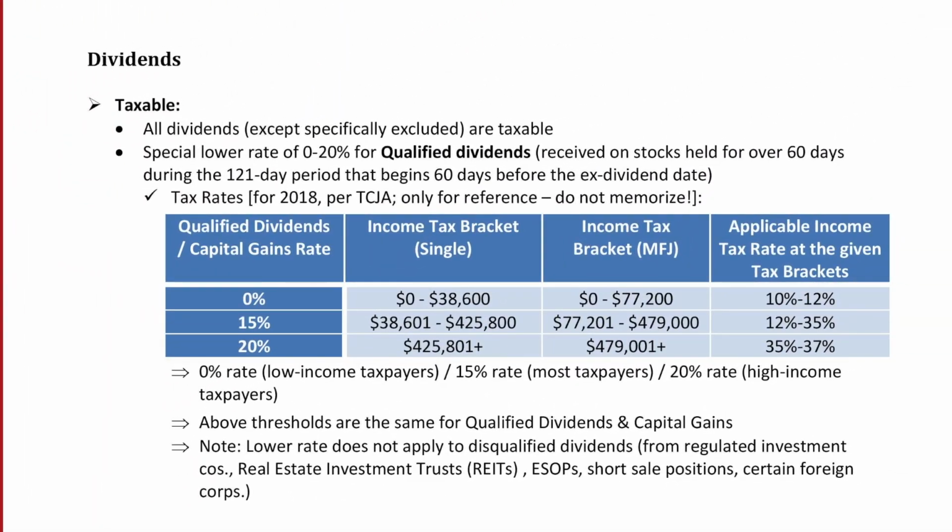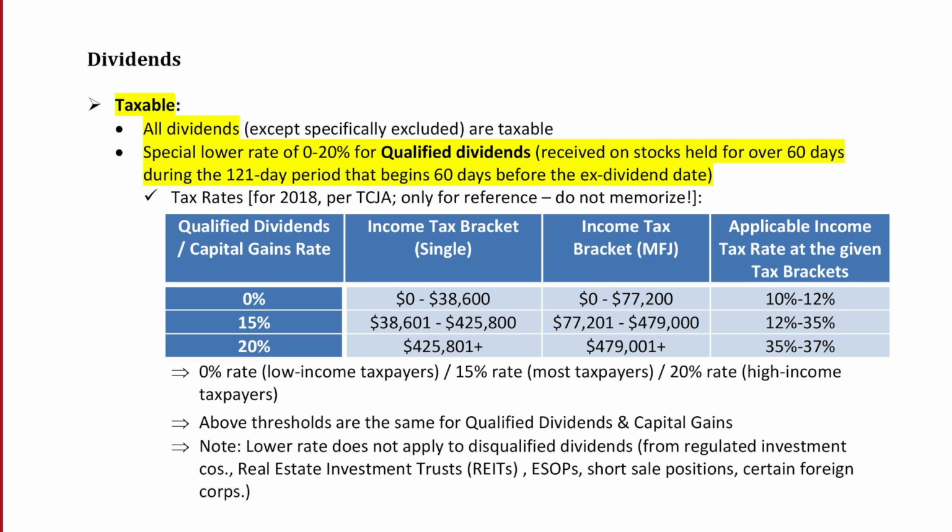On page 29, we're looking at dividend income. In the first bullet, highlight taxable. And the point is, highlight all dividends are taxable. But there is, highlight a special lower rate of 0 to 20% for qualified dividends.